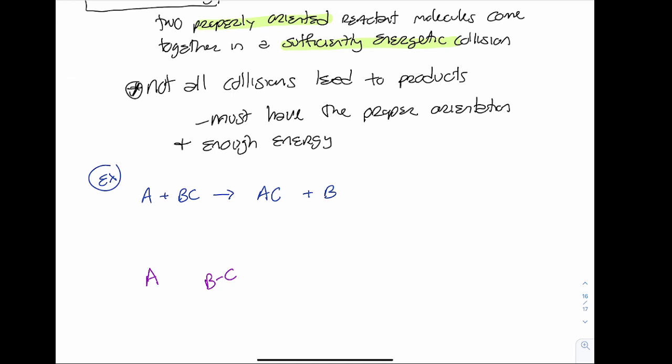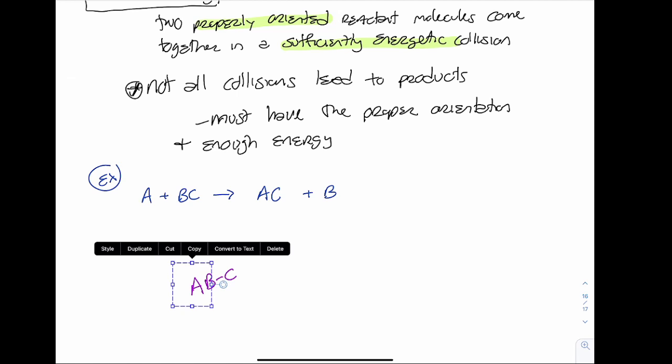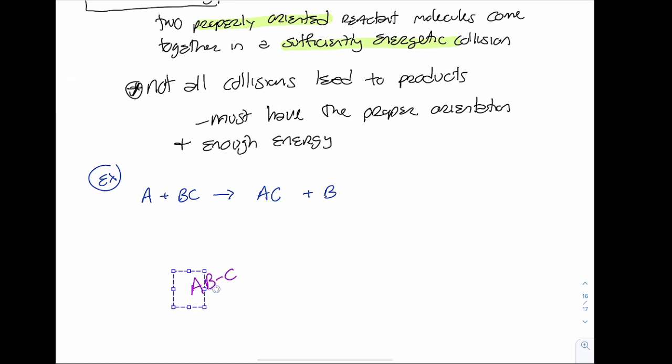So if I was to take them and collide them so that B, right, say they bang into each other this way, I would end up with A bonded to B. And if I look at my product, it's not, right? A has to collide with C. So this collision that I just showed, right? Let me grab A again here. A is moving around, B is moving around also.